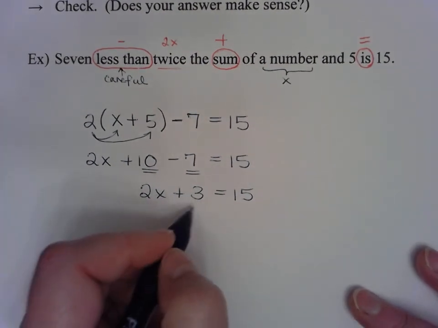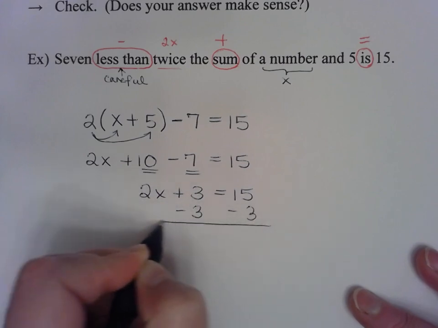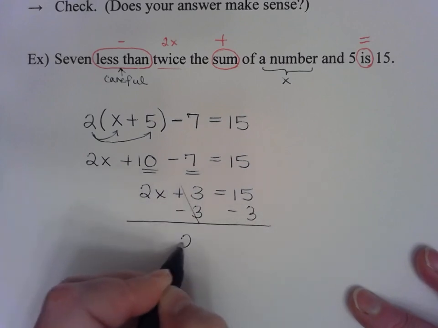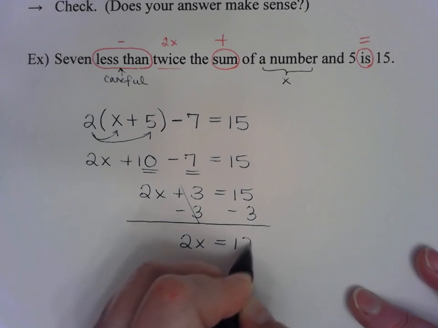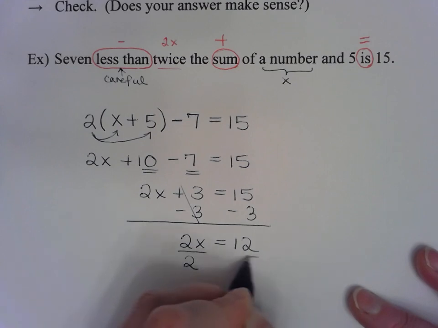Then we want to get our variable by itself, so we'll subtract 3 from both sides. And then since we're multiplying by 2 here, to get rid of the 2, we'll divide both sides by 2.